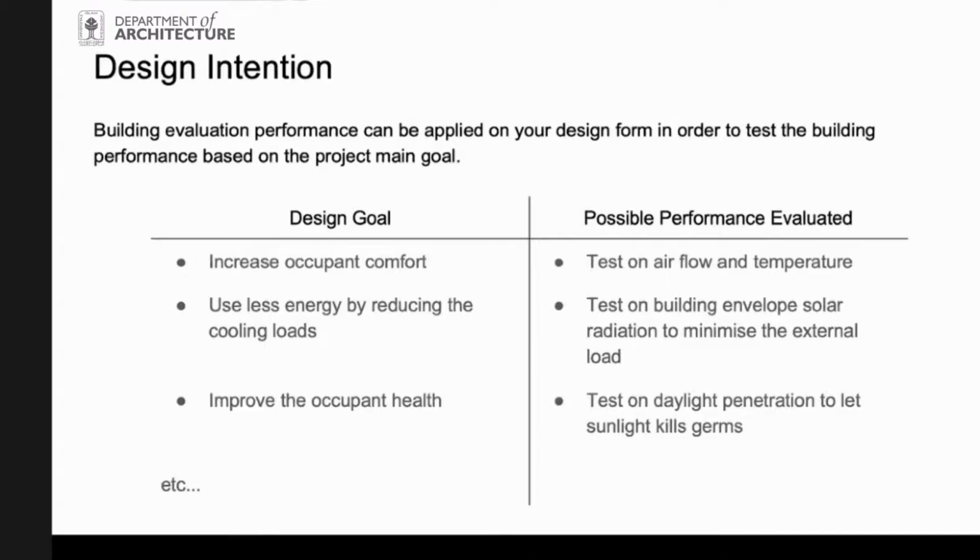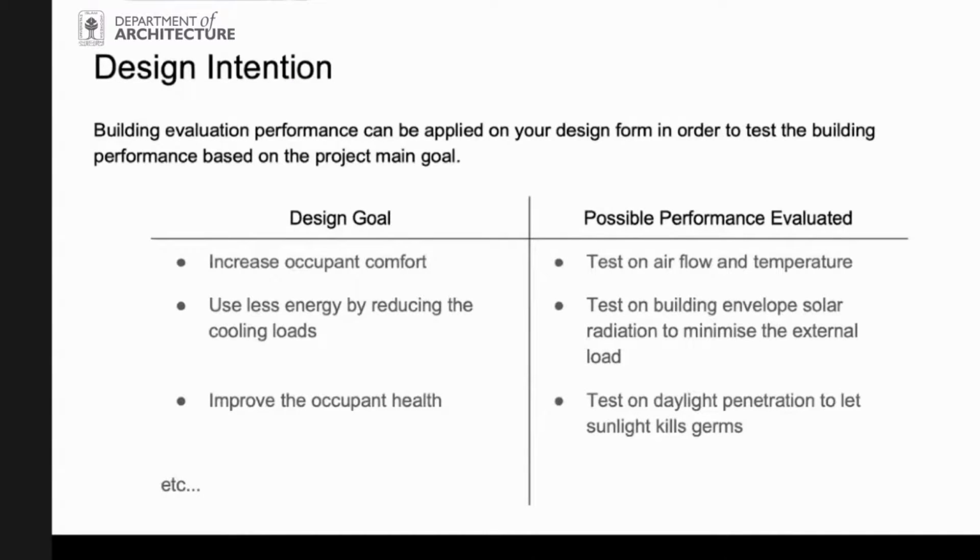There are several software tools to test occupant comfort, but we can also do it partially by testing the airflow and the temperature, because those parameters can really affect the occupant comfort. So we can test only part of those parameters.